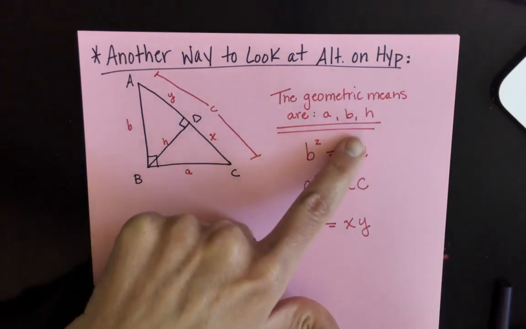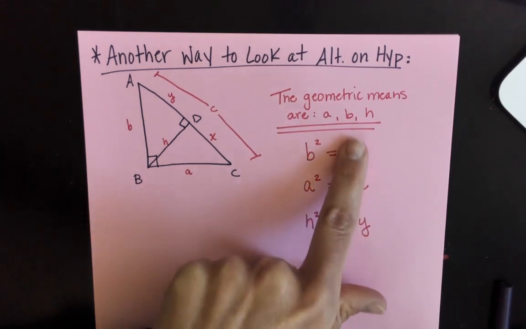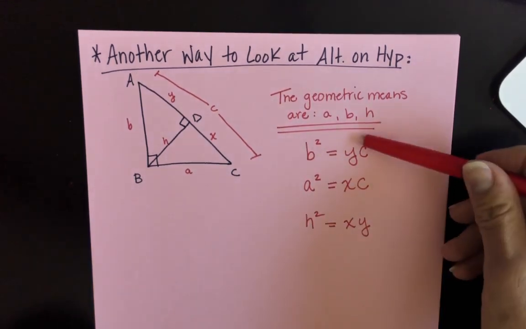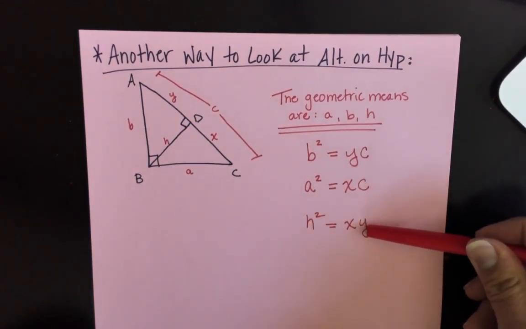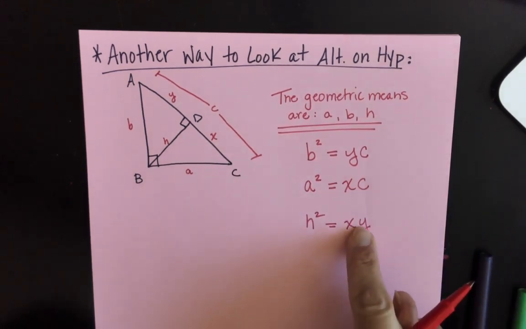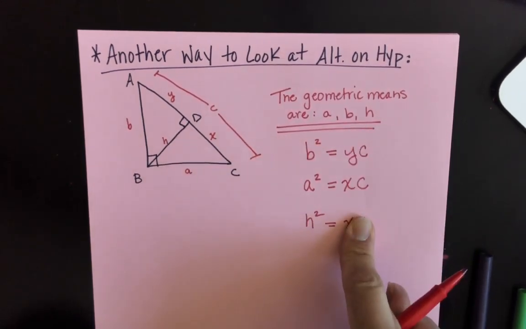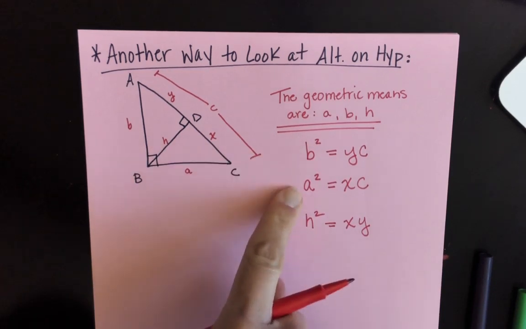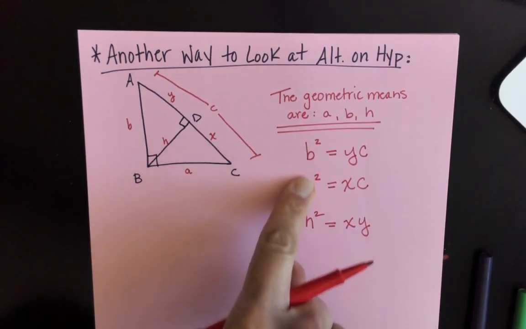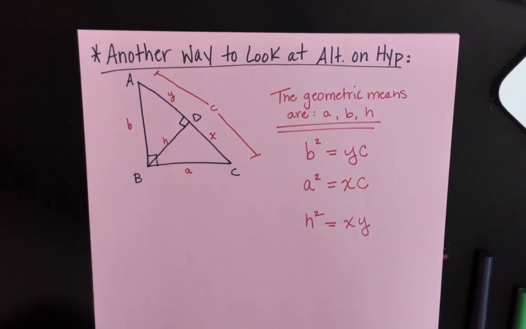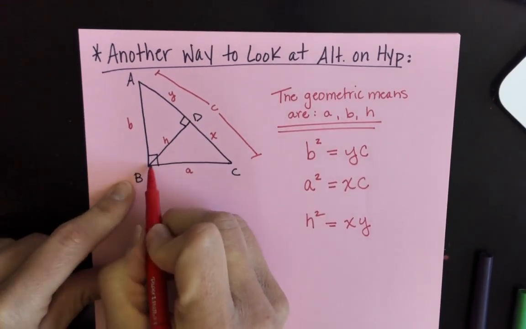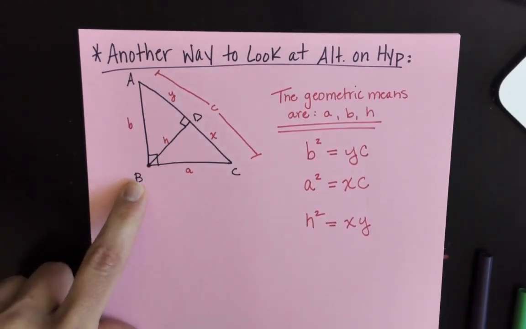Notice how over here on the right side of all of our equations, you don't see A, B, or H because you don't want the geometric means labeled. You've already multiplied those together. So on the left side are always my geometric means. We've identified them because they all came out of that same point B.